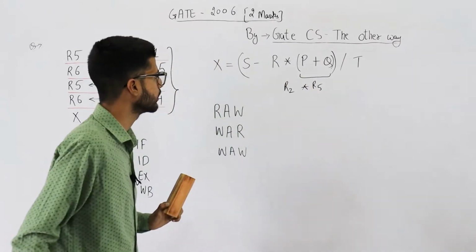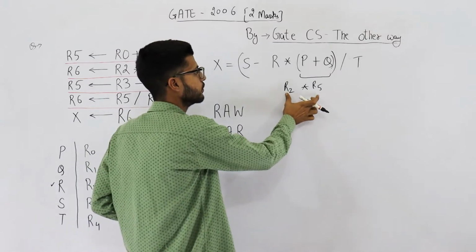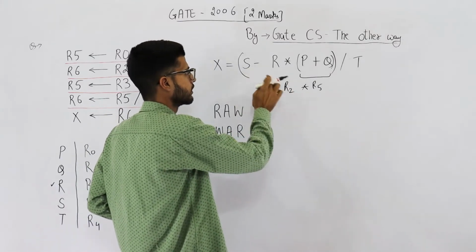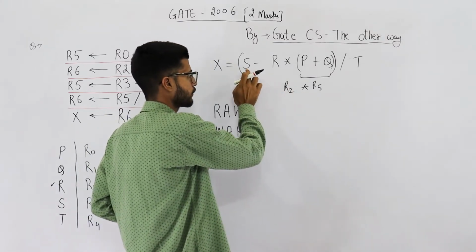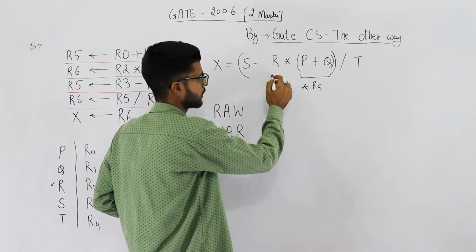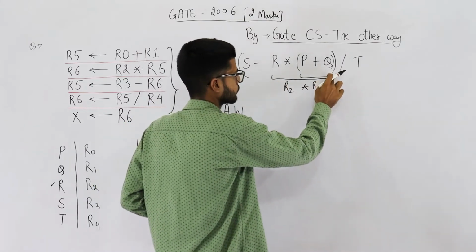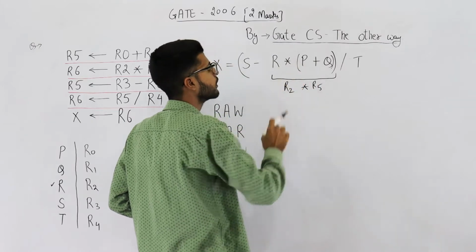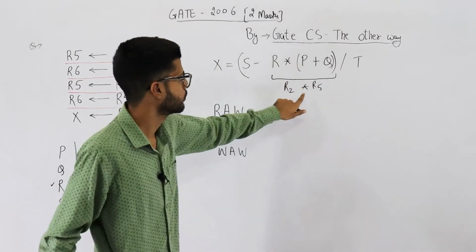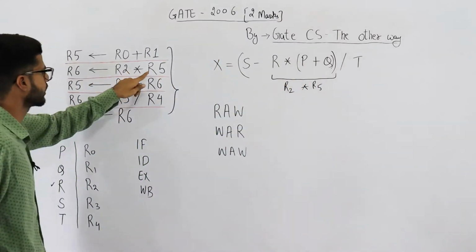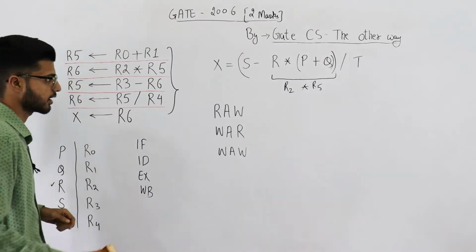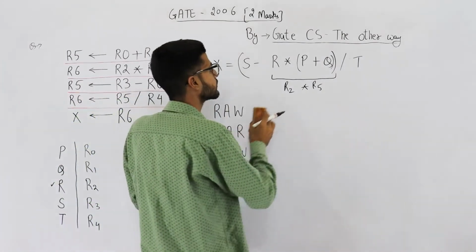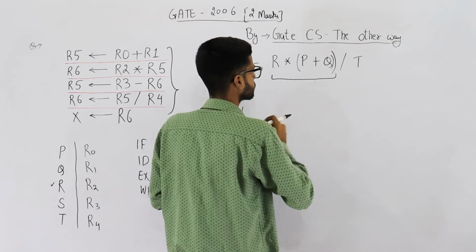Then from this value we need to subtract from S this much part. Now you see R2 multiplied by R5, they are saving this value into register R6. So I'll just replace this by R6.